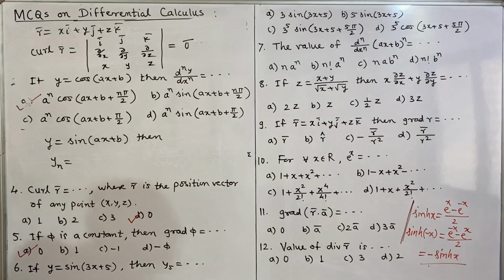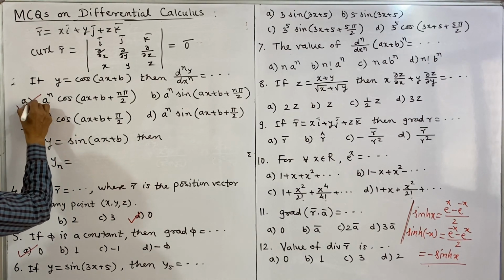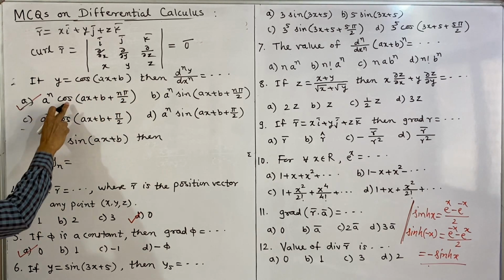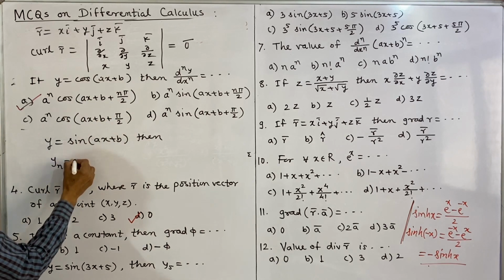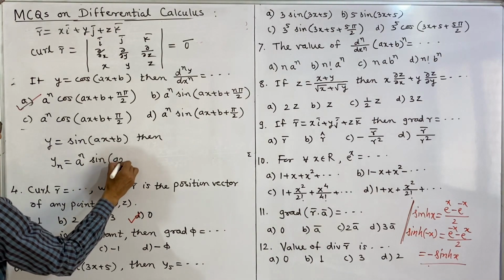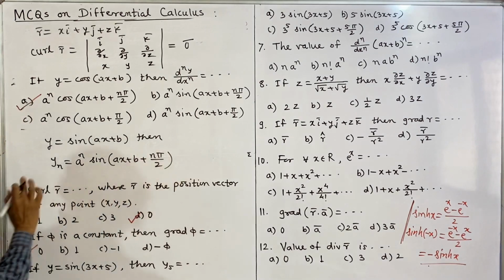This is the notation. If it is cos(ax plus b), then the nth derivative is a power n cos(ax plus b plus n pi by 2). And if it is sine, the result is exactly similar, a power n sin(ax plus b plus n pi by 2). So this is the nth derivative.